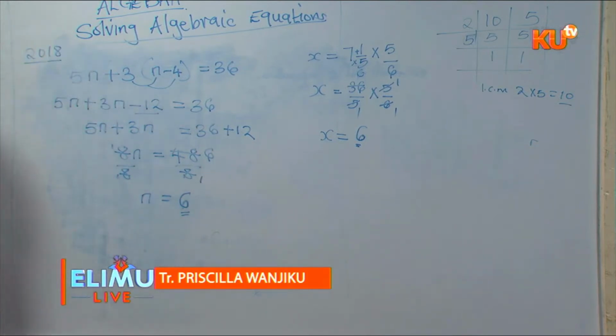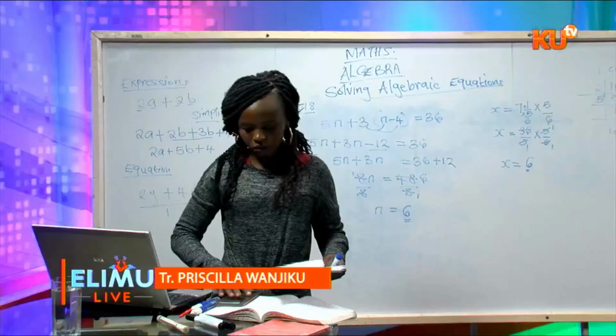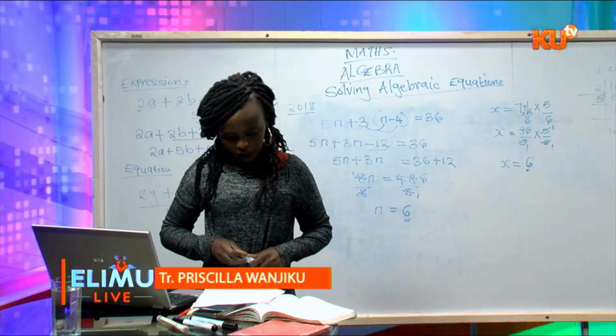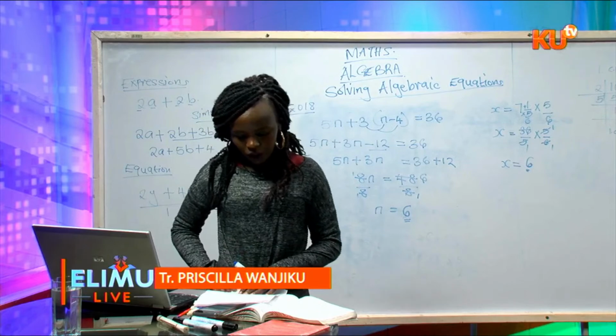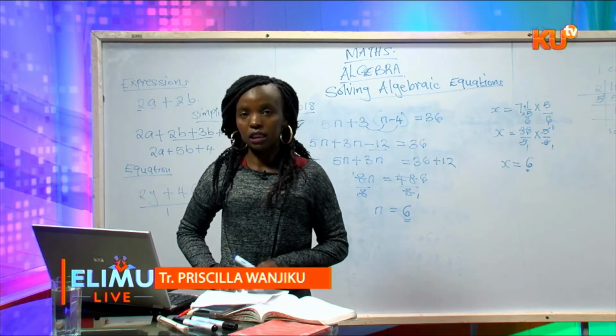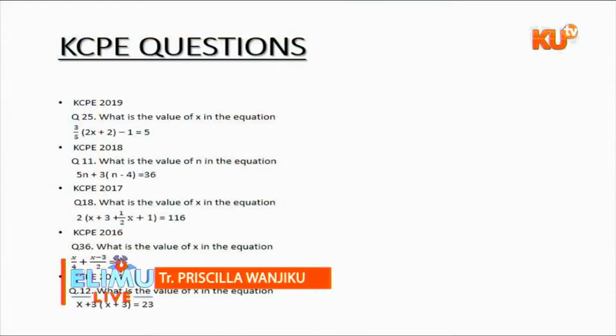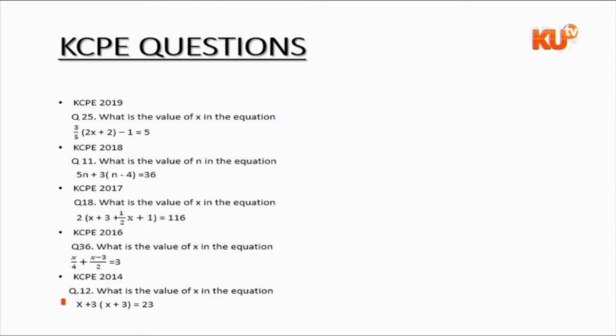You can see algebra is a subject, a topic, that all of us can be able to get the correct answer. 2017, we still have another question here for 2017.